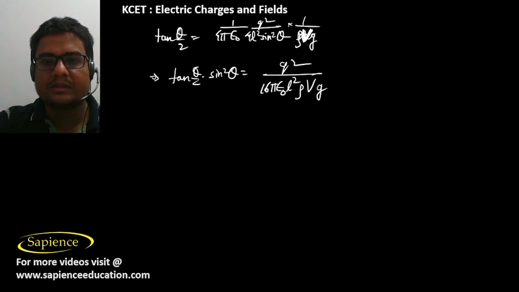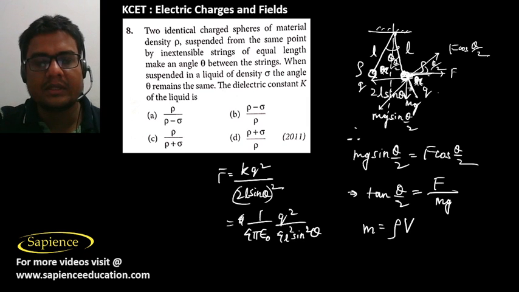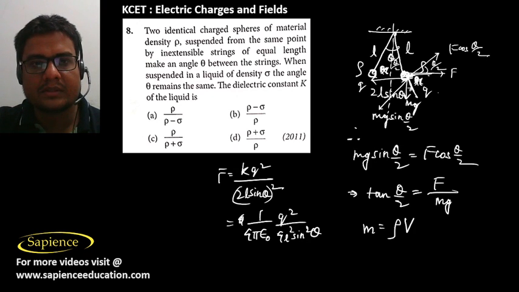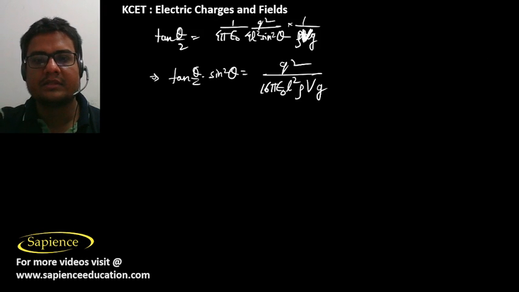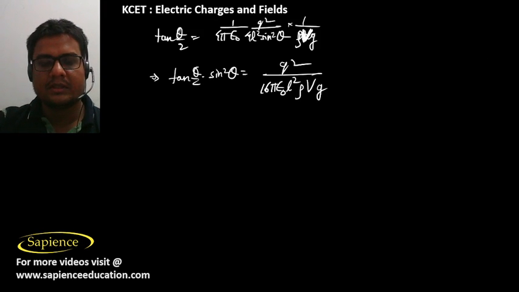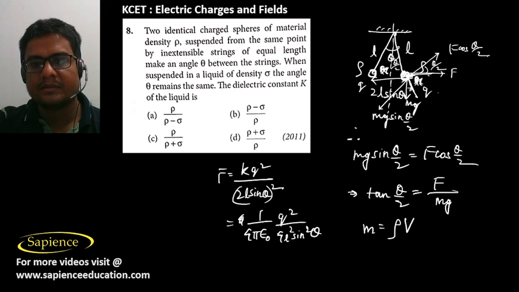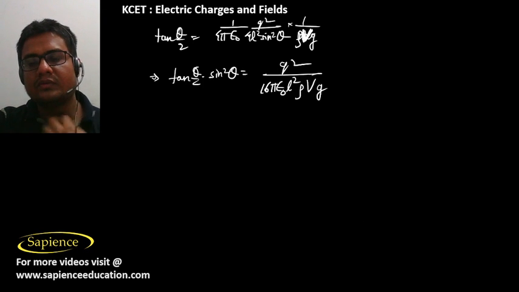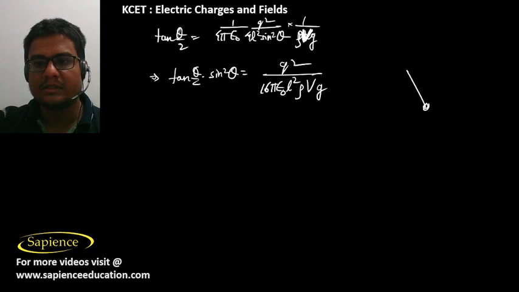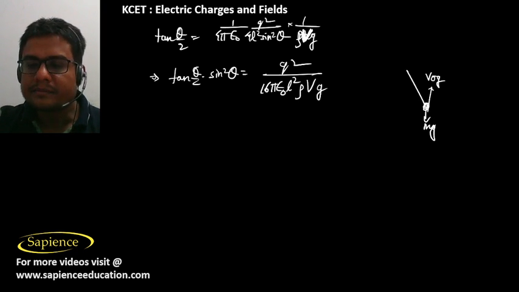Now, when this is suspended in a liquid of density sigma, angle theta is remaining the same. So the net downward force, instead of mg, I should take mg minus v sigma g, since an upthrust will also be acting.